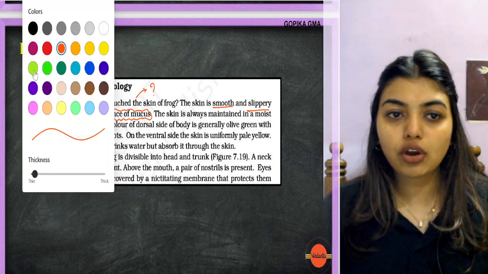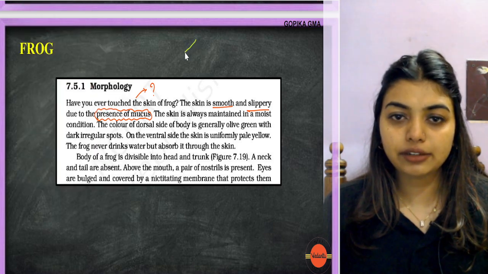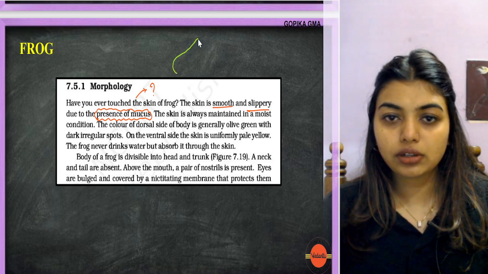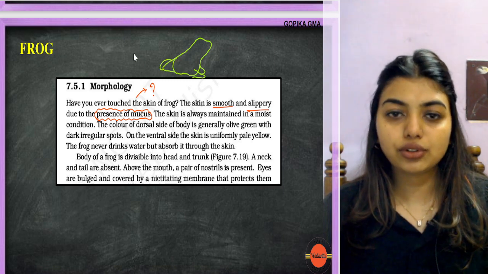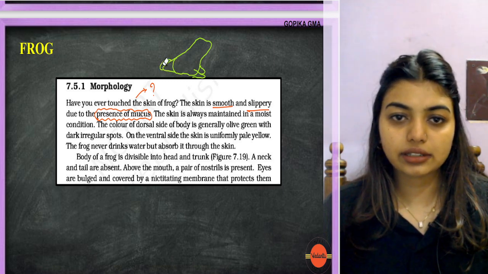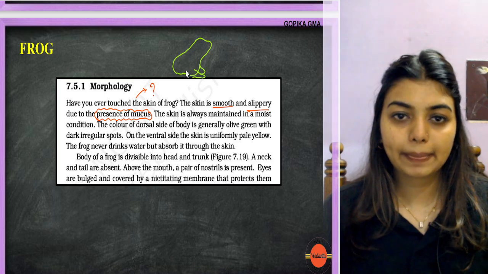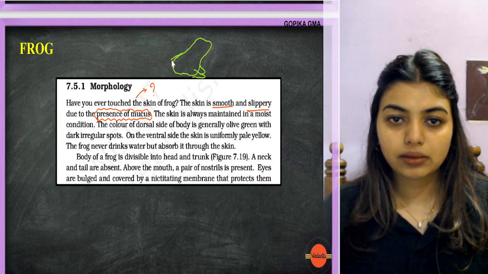So if we draw a frog, we're going to draw a very bright green frog. Oh, this leg doesn't look anything like the leg.